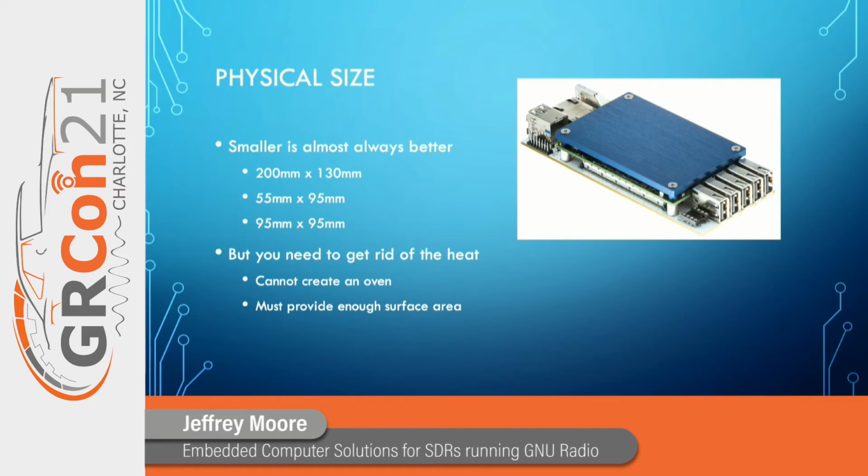But this means your outside enclosure can't be plastic, for example. It should be metal, or at least the part that joins this should be metal. And you have to do calculations to make sure that the heat that this generates is shunted to the outside world and dissipated. Otherwise, you have this sitting in a box and it's like a little oven. And even though this board may only draw 5 to 7 watts, or in worst cases, 15 to 20 watts, it's going to get really hot in there if you can't get rid of the heat.